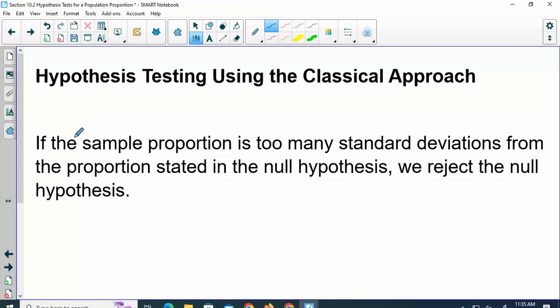Look at it on your formula sheet, the very beginning, the empirical rule. 95% within 2 standard deviations. Within 3 is 99.7%. So anything beyond 3 standard deviations is extremely rare. If it's more than 3 standard deviations above or below the mean, that would be unlikely, so most likely the null hypothesis would be false.